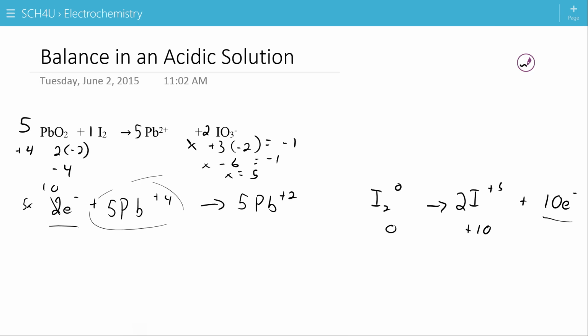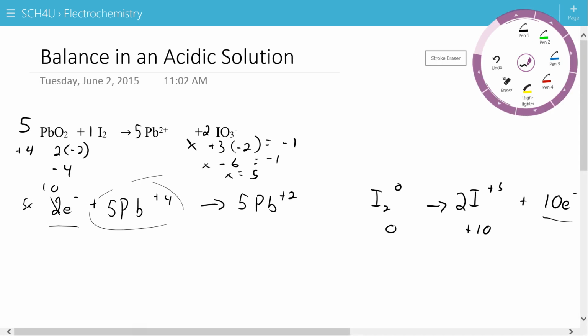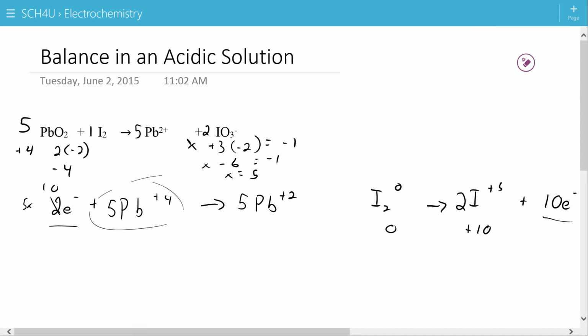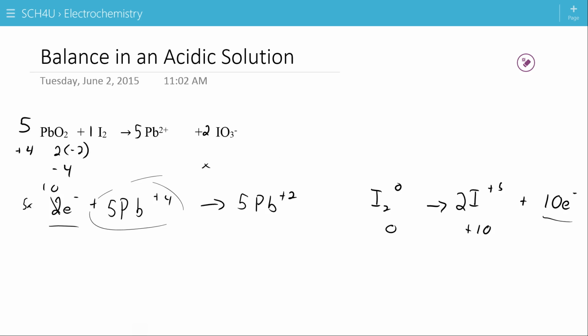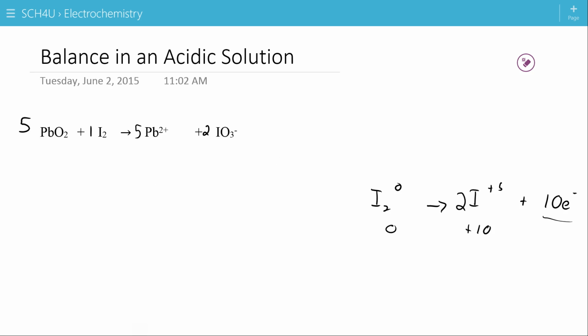Now what I'm going to do is erase all of this stuff, and then I'll be able to see the equation well again, and be able to balance the waters and then the hydrogens. So I'll just erase that.